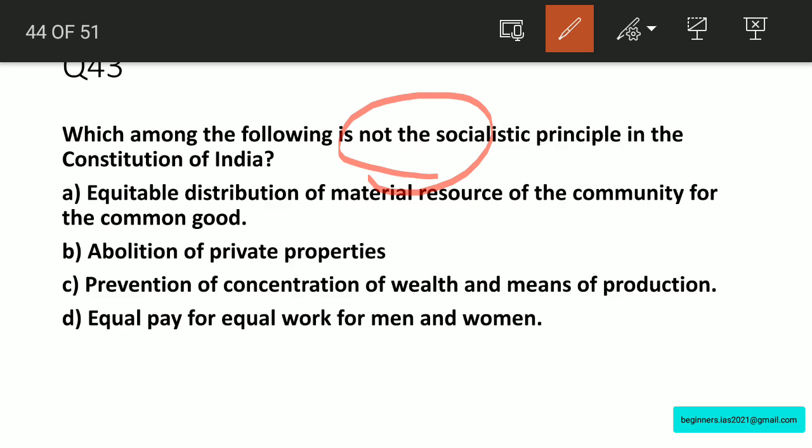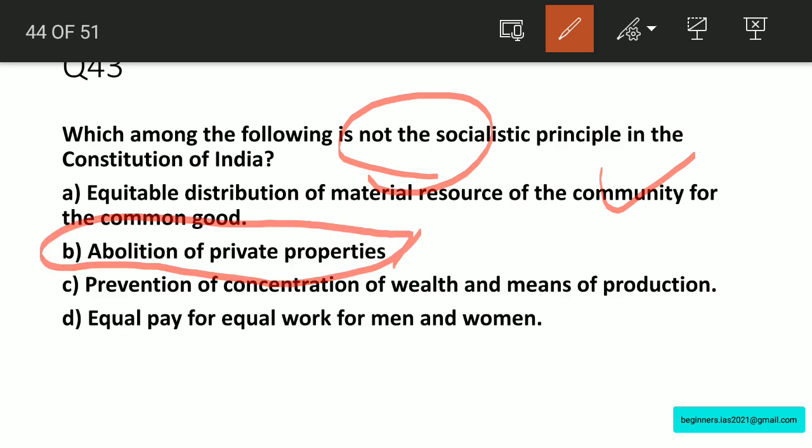Here we have to choose the not socialistic principle. The equitable distribution of material resources of the community for the common good, it is a socialistic principle. Therefore this is not the answer for this question. Since we have to identify the not socialistic principle, abolition of private property, yes, this is the correct answer for this one.